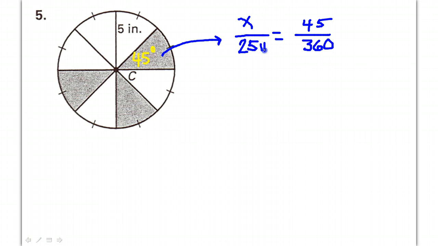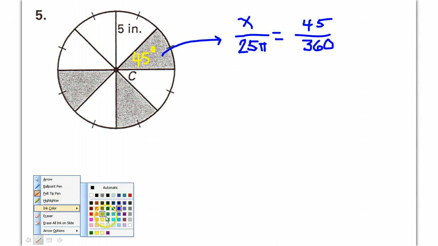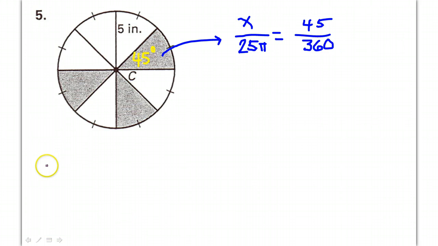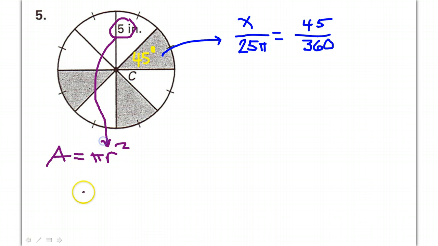Now one more time, let me be clear where this 25 pi is coming from. We're doing partial area divided by the whole area. The whole area, we are using the formula for area of a circle. We're doing pi r squared. And we're taking our 5 and we're substituting that in for the radius.